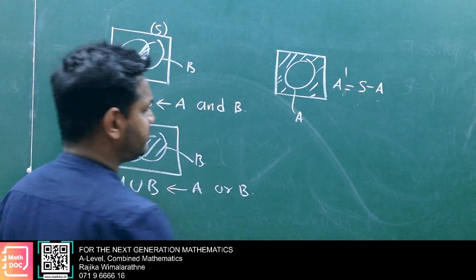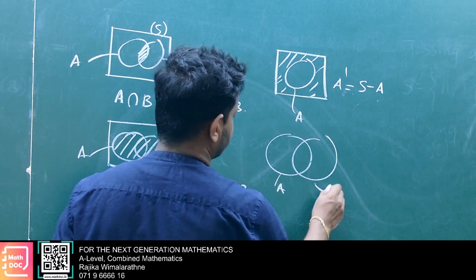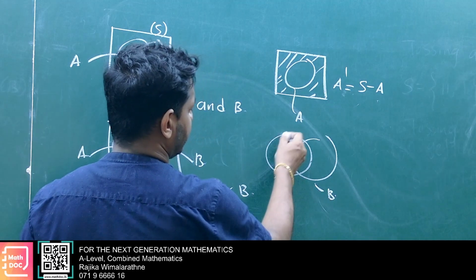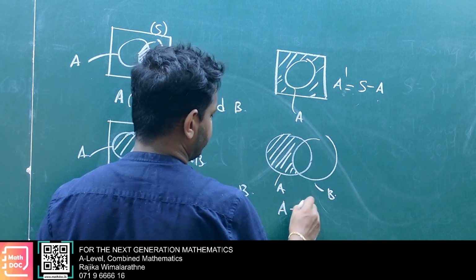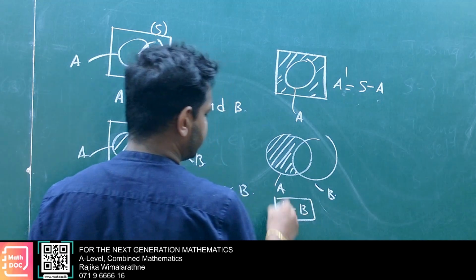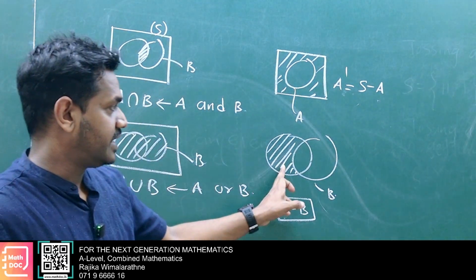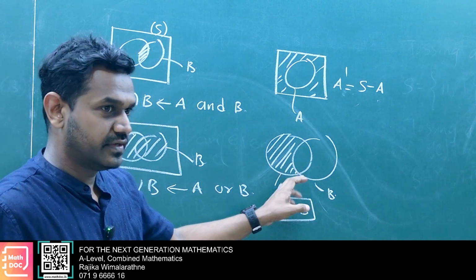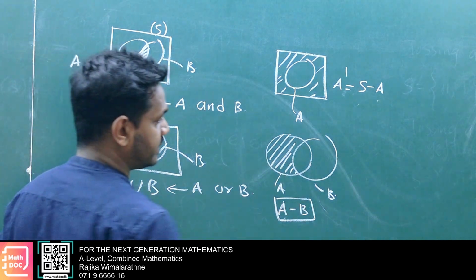Then consider here set A, here set B. This part we call only A, or A minus B, the set difference. Here is set A and here your intersection; only A we call set difference.